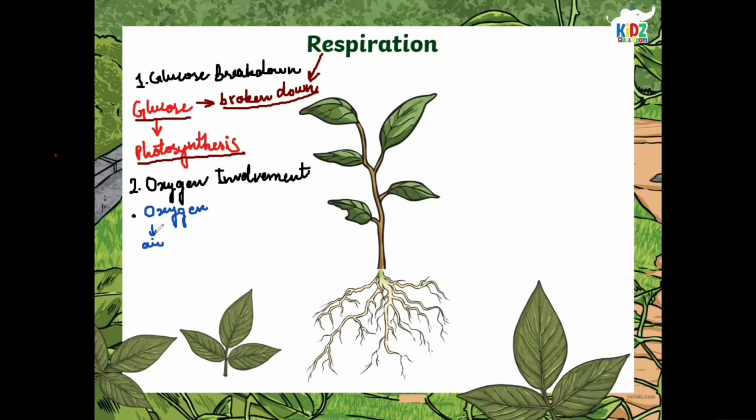So oxygen from the air enters the plants through the stomata, and it combines with glucose to start the breakdown process. Oxygen combines with glucose to start the breakdown process.